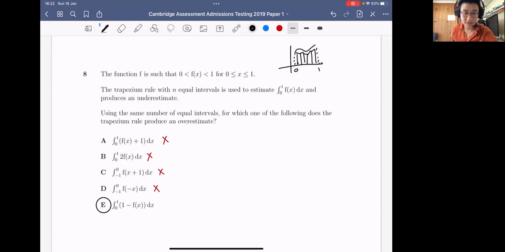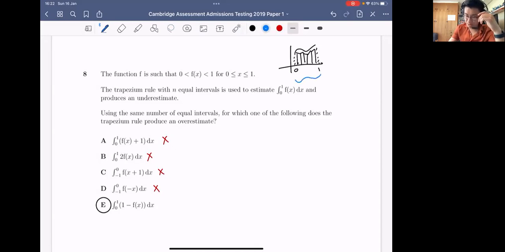1 minus f of x. So you're reflecting it. So now it'll look like something like this.